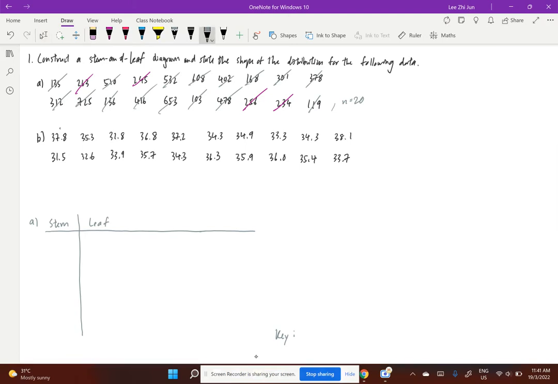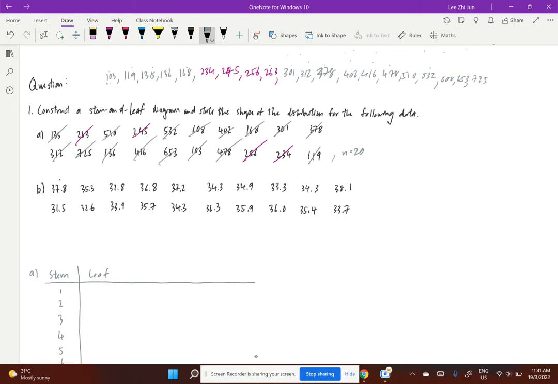So 1 to 7, right? 1, 2, 3, 4, 5, 6, 7. For 1, we have 0, 3, 1, 9, 3, 5, 3, 6, 6, 8. For the 2, it is 3, 4, 4, 5, 5, 6, 6, 3.